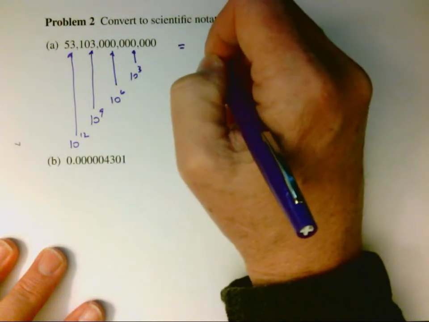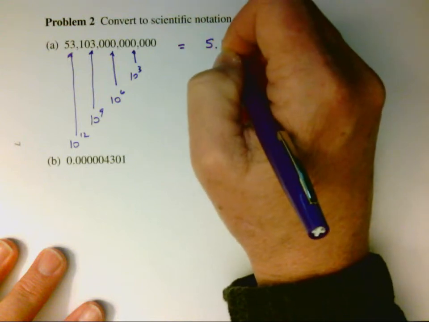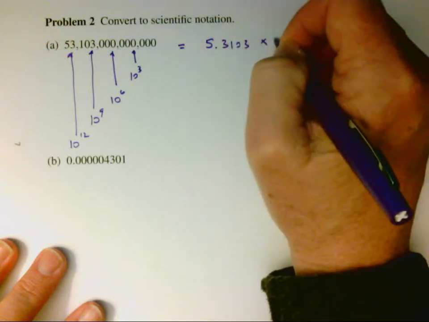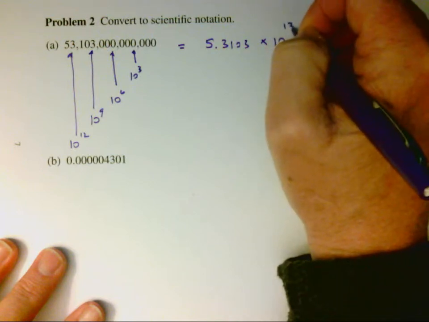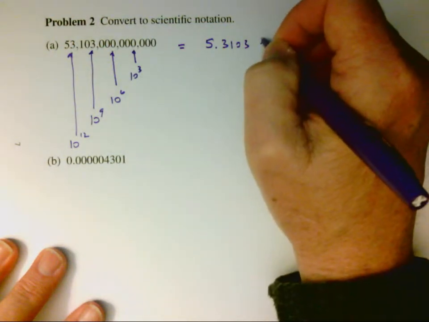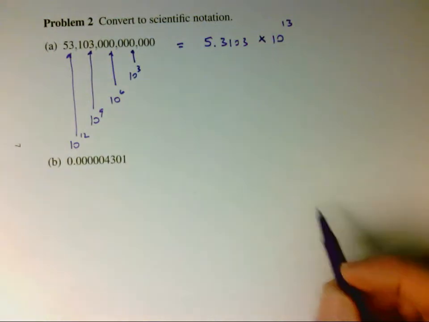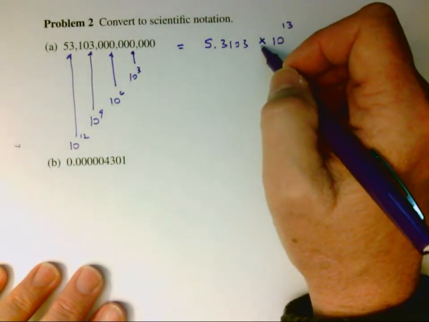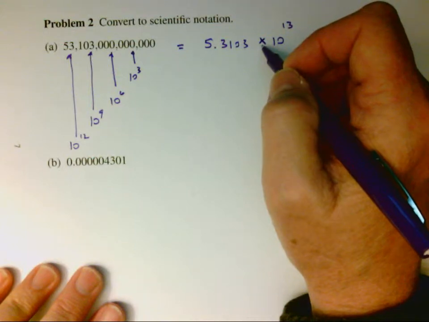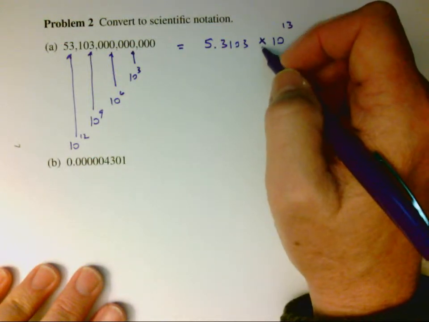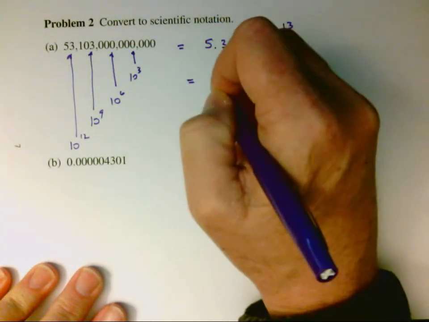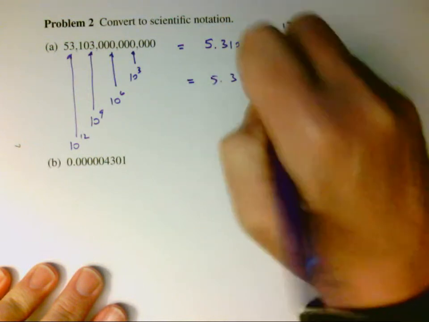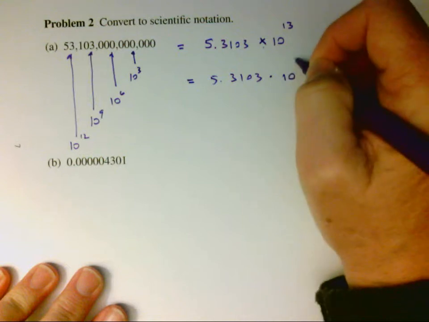So we can write this as 5.3103 times 10 to the 13. Traditionally, we use the St. Andrew's cross to represent multiplication with scientific notation. There is absolutely no reason that you can't use a dot. This equals 5.3103 times 10 to the 13.